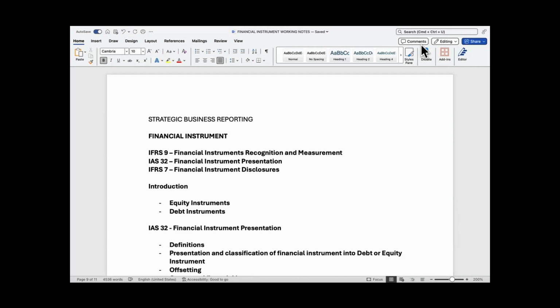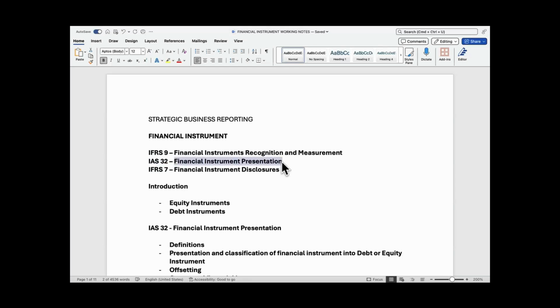And from the very beginning of this topic, I already explained to you that we're going to be using these three standards to explain financial instruments, which are IFRS 9, IAS 32, and IFRS 7, but substantially IFRS 9 and IAS 32, because they are the ones that deal with the major accounting treatments.